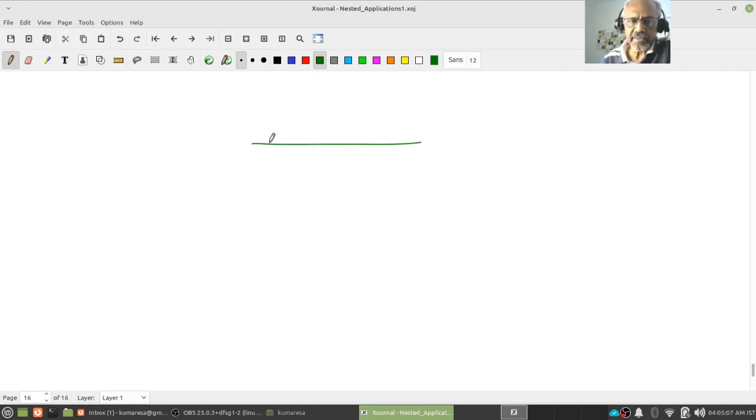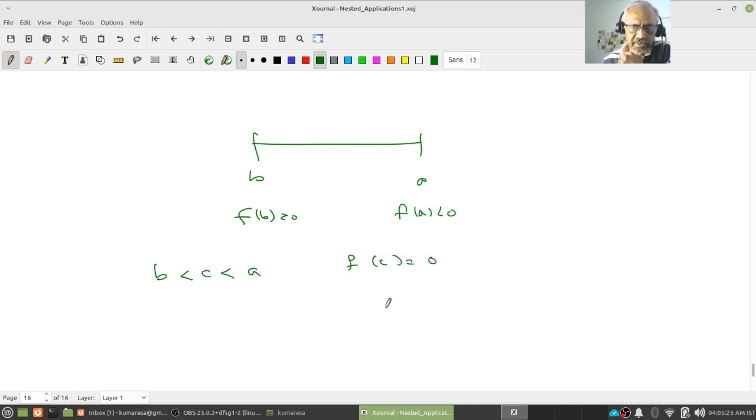Suppose this is my [b, a]. So f of a is negative and f of b is positive, right? So what do I know? There exists c such that b less than c less than a such that f of c is 0, by my version of the intermediate value theorem. Now remember a and b are in the interval J, right? c is there, therefore c is a point of J. Then only can I talk about f of c.